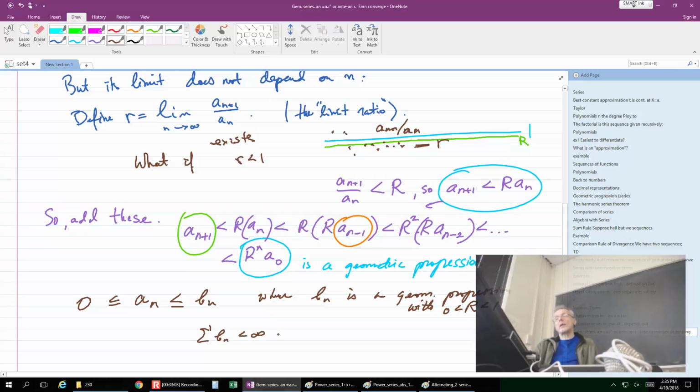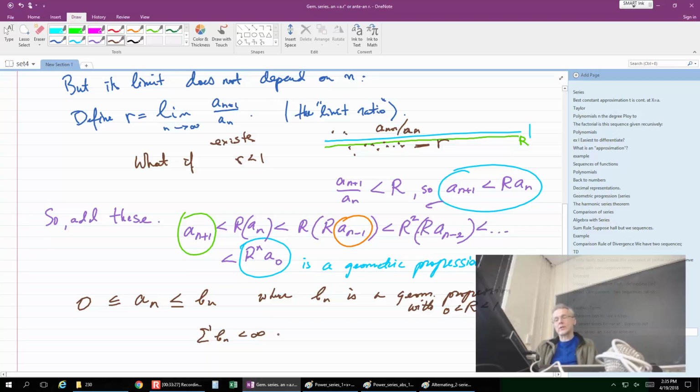We are in the position where we were a couple of days ago. It is the direct comparison test, with a_n and b_n. b_n just happens to be the geometric series, convergent, because remember how R capital was chosen to be less than 1.